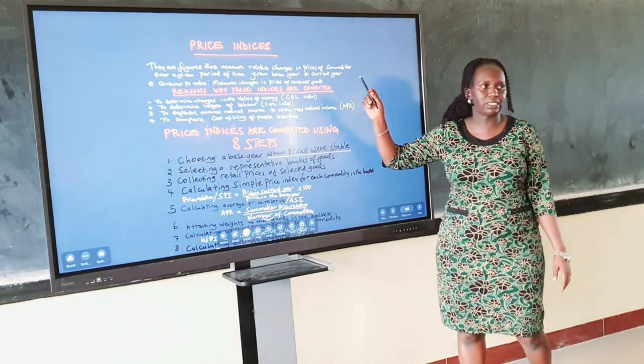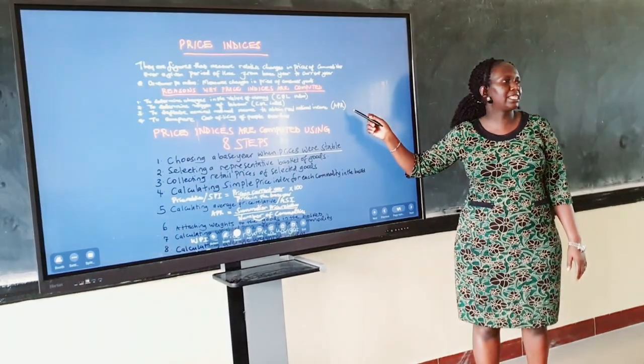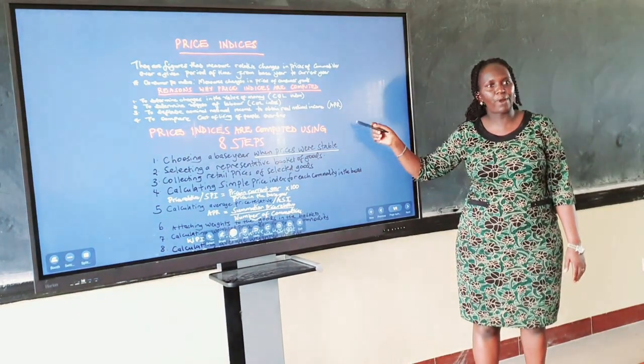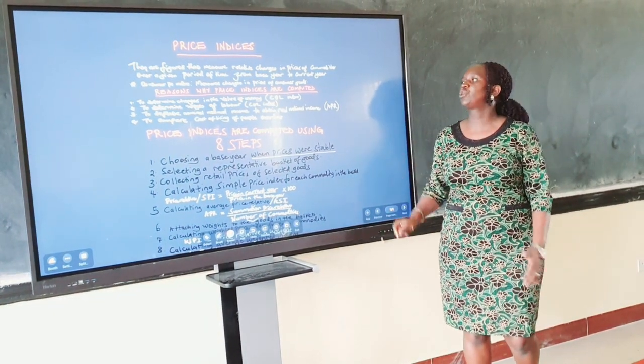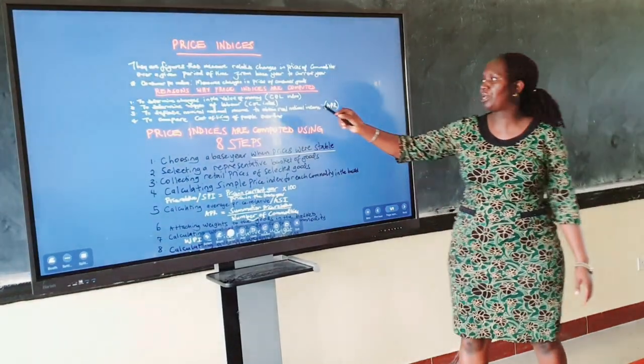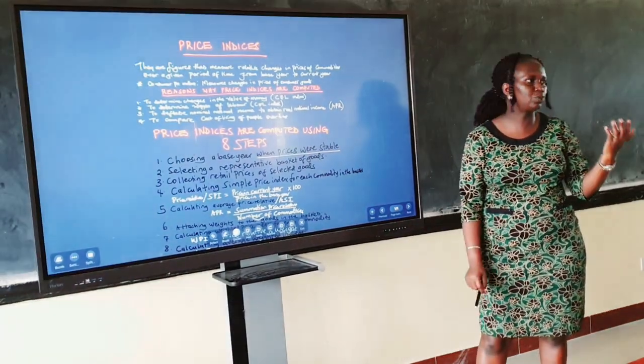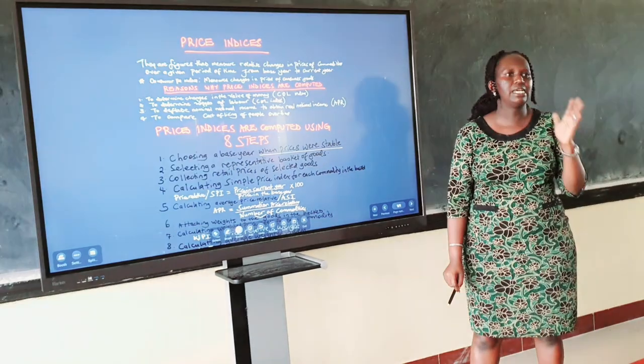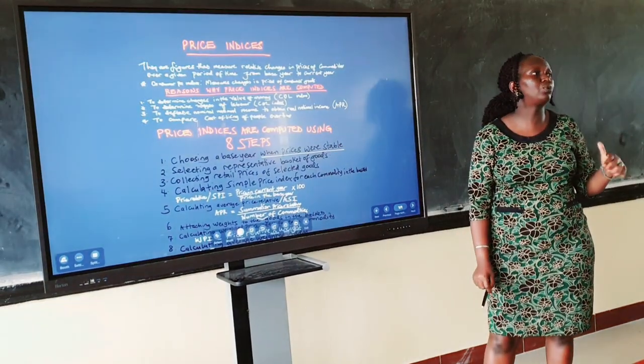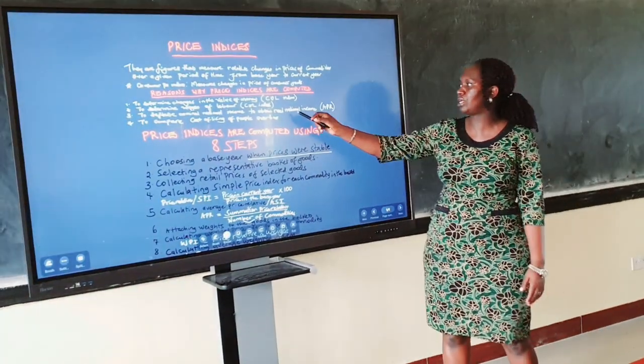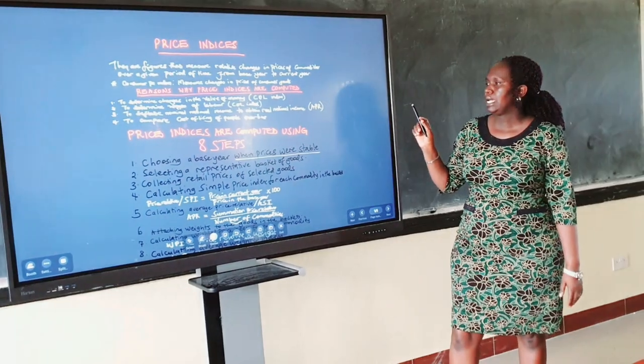So to deflate it, you use the figure that you obtain as the average price relative. So it's the one you divide the nominal national income with, and in that way you have deflated the national income figure, which was nominal, so you get the real national income.